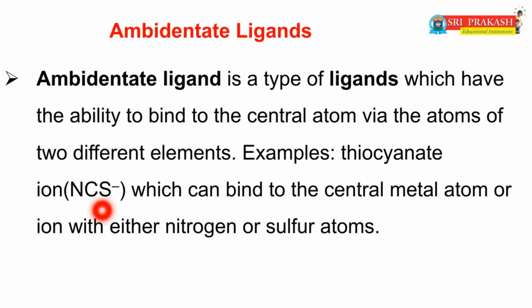Here it can bind to the central metal atom or ion with either nitrogen or sulfur atoms, because in the thiocyanate ion, the nitrogen and also the sulfur atoms act as donors.